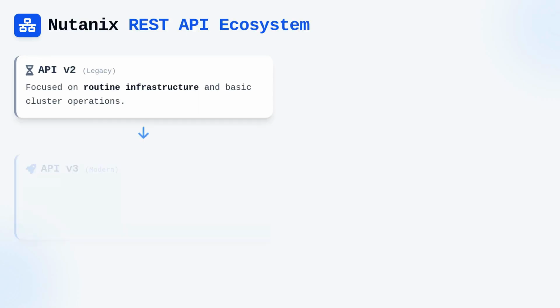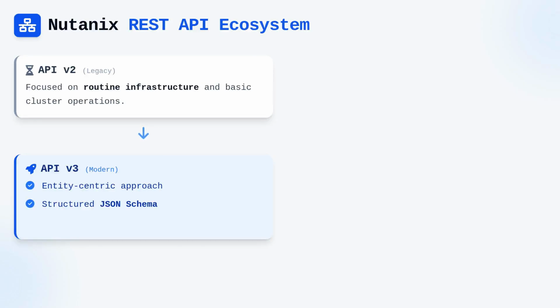The v3 API, however, adopts a more modern, entity-centric approach that utilizes a structured JSON schema to represent resources like VMs, images, and networks. Understanding the difference between these two is vital, because v3 provides the necessary granular control required for deep automation workflows in a multi-cloud environment.